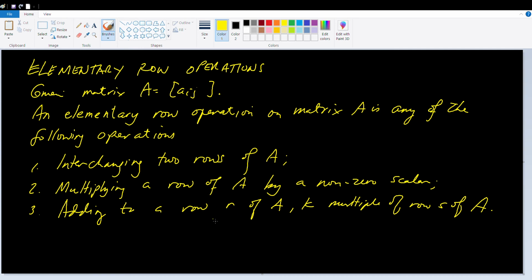Again, if we add to a row of A k multiple of another row of A, that in itself is an elementary row operation. Okay? So once again, an elementary row operation is any one of these three. When you interchange two rows, when you multiply a row by a non-zero scalar, and when you add to a row a multiple of another row.